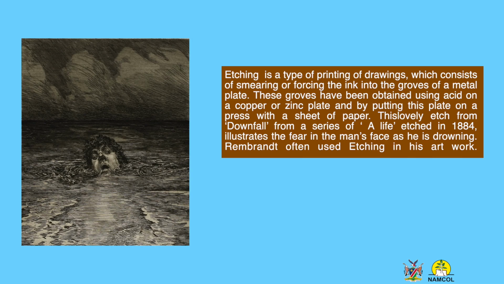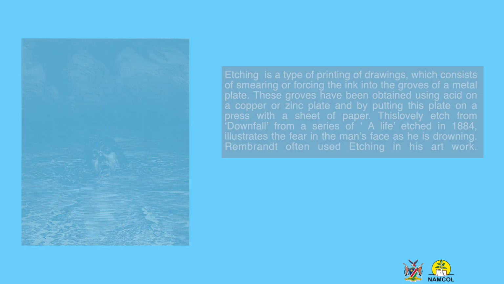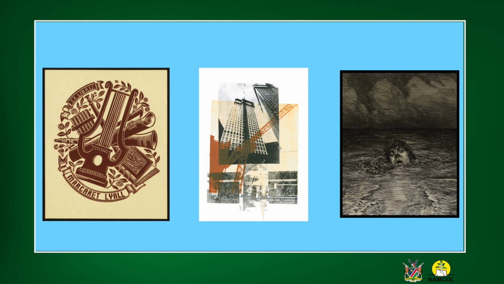You can see the fear in the man's face as he is drowning. This is by Rembrandt. Rembrandt often used etching in his artwork. As you can see, one can do so much by using prints. It's all a matter of how hard you are willing to work and how much you are willing to practice.